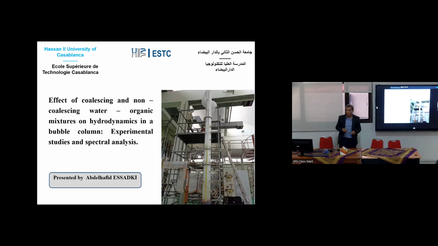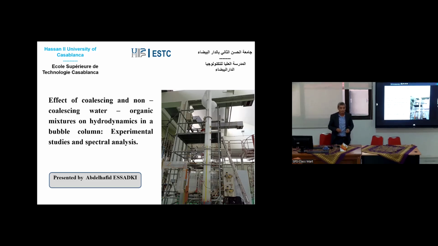Why do we use a bubble column? For example, for environmental engineering, to treat pollutants. How can we treat a gas pollutant, a toxic gas like carbon monoxide or carbon dioxide?